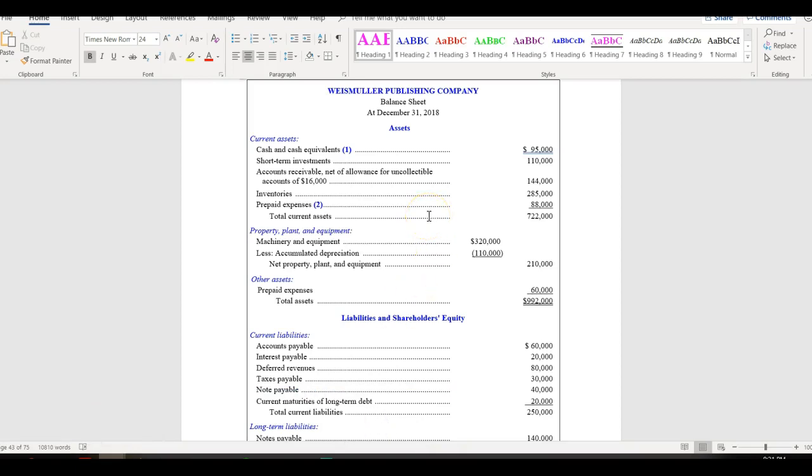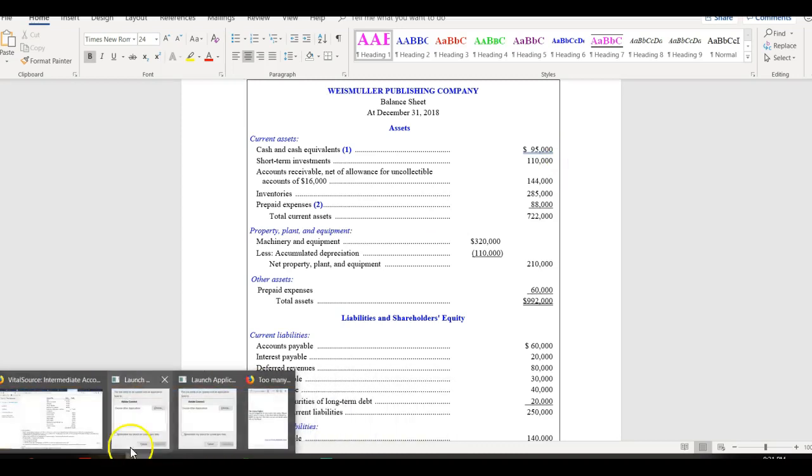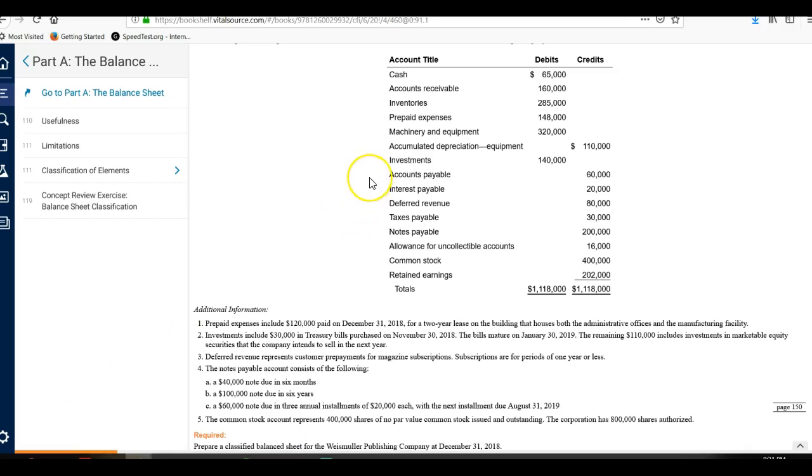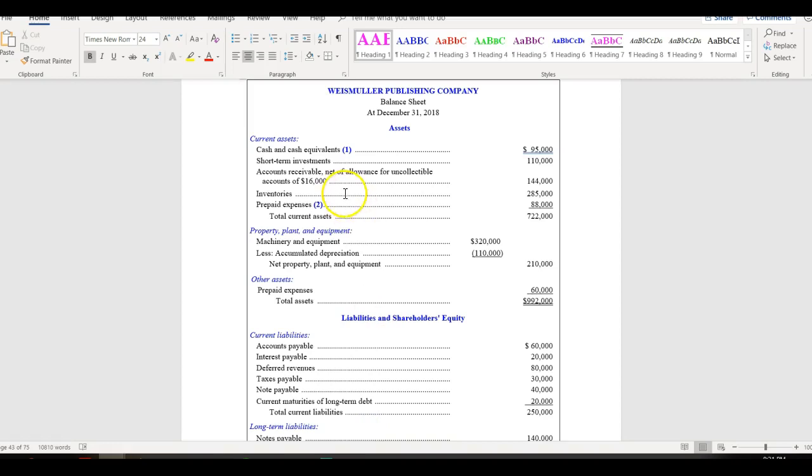The short-term investments of $110,000, let's look and see what that provided us with. The $110,000 short-term investments, which were the marketable equity securities. Then we have accounts receivable, net of allowance for uncollectible accounts of $16,000. We show $144,000 there.